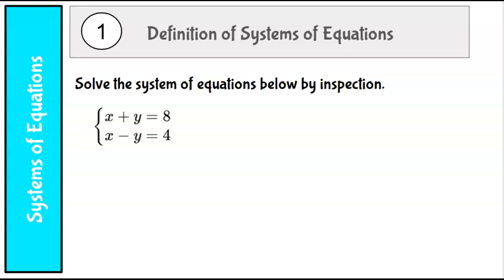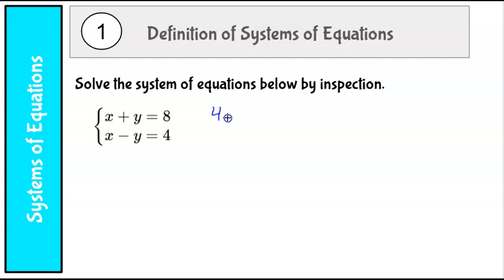Now we're going to transition to how do you find those solutions? Well, one way is by inspection. In this particular problem, I can maybe kind of figure out without any particular method or set of steps. I can just kind of figure out what two numbers would add to get 8 and the same two numbers have to subtract to get 4.